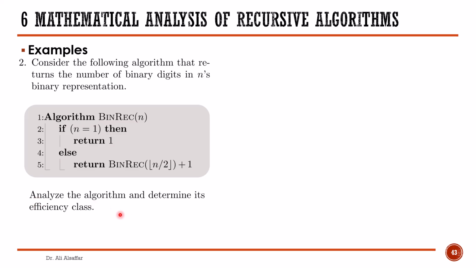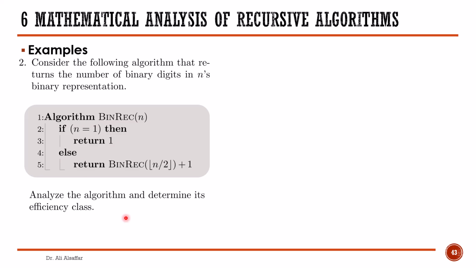Analyze the algorithm and determine its efficiency class. Notice that the question does not specifically ask for a detailed or a quick analysis. Also, it does not ask to count how many times a particular operation is executed. It is simply asking to analyze the algorithm. For such questions, you should follow the general framework for analyzing recursive algorithms step by step.